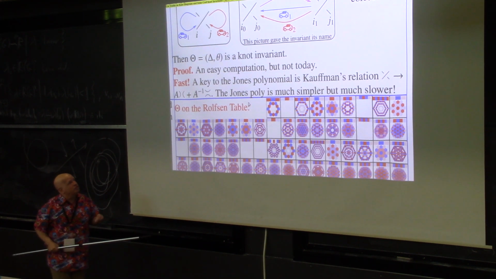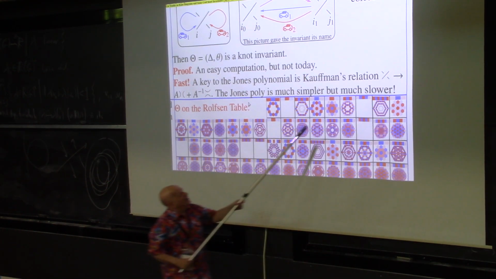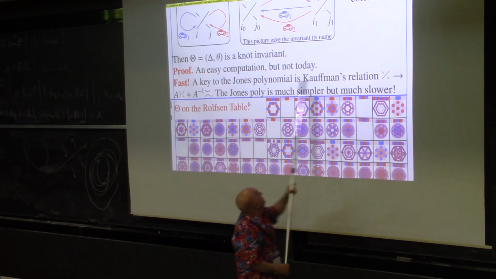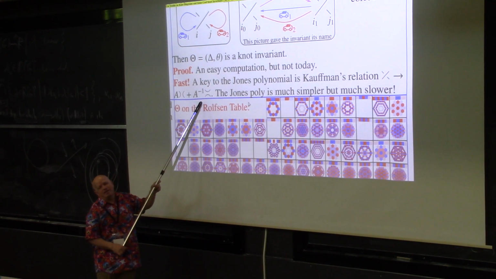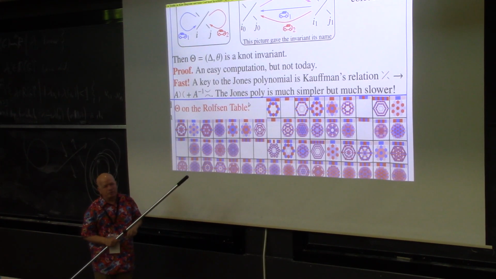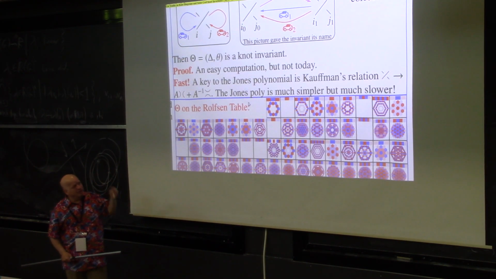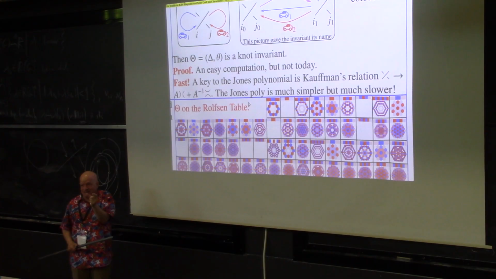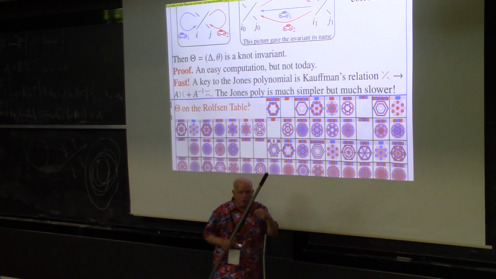Likewise, if you know the Jones polynomial as defined by the Kauffman bracket, it's defined by the relation: a crossing goes to A times a vertical smoothing plus A inverse times a horizontal smoothing. And it's so easy, it's one line. But really, you have to apply this relation to all crossings.